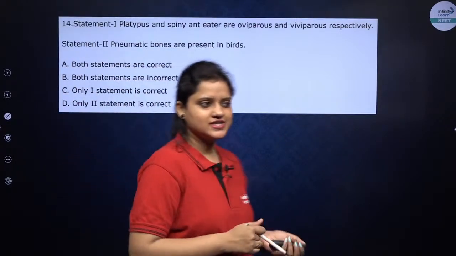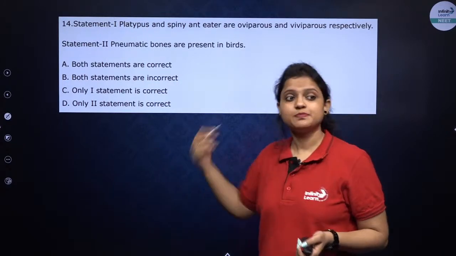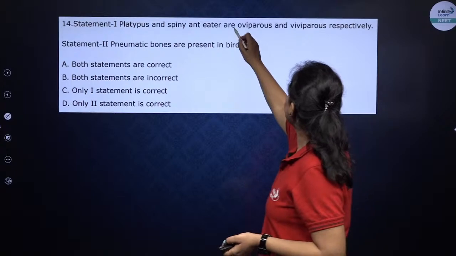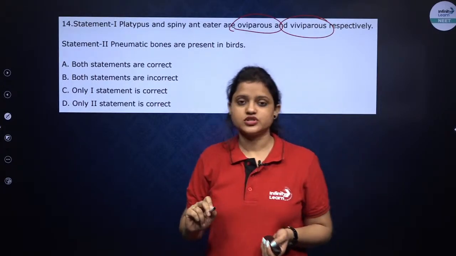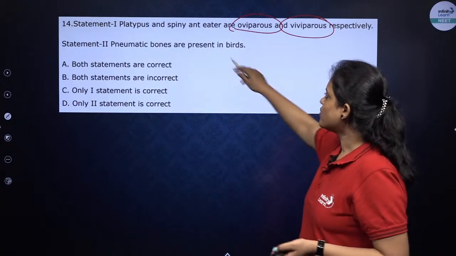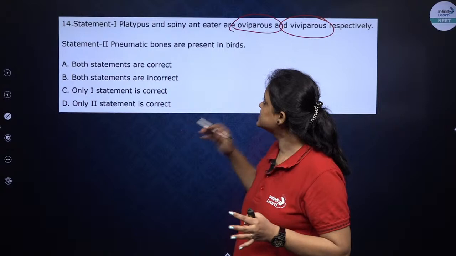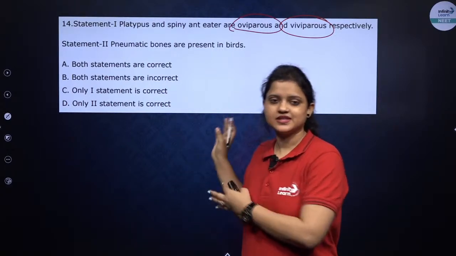Next question on your screen. Statement 1. Platypus and spiny anteater are oviparous and viviparous respectively. सोचते हैं. Pneumatic bones are present in birds. So पहले तो हम ये देखते हैं कि platypus and spiny anteaters, where we are placing these organisms.